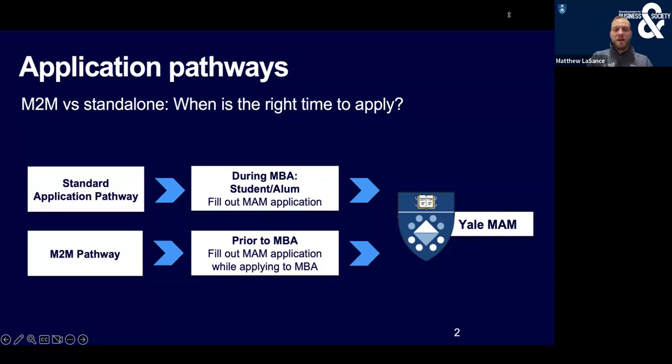You'd know, I'm going to get my MBA started at one of those two schools, and then join us here at Yale. You'd fill out both applications before starting your MBA program. Both of these lead to the Yale MAM program. It's just to give you an idea of where our students might be coming from or the pathway they may have taken, as you might see a few of both if you have the opportunity to join the program.